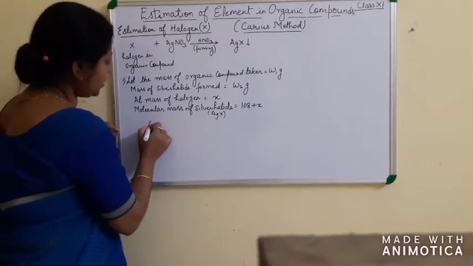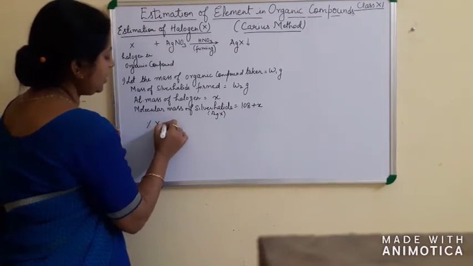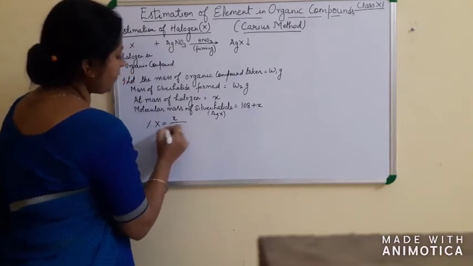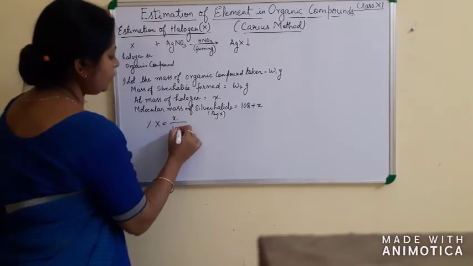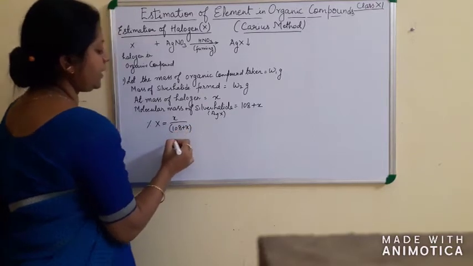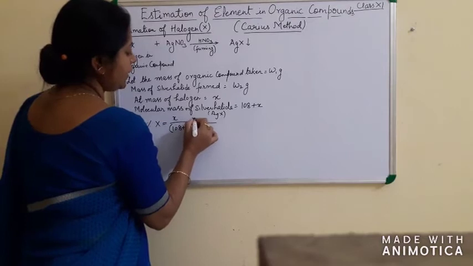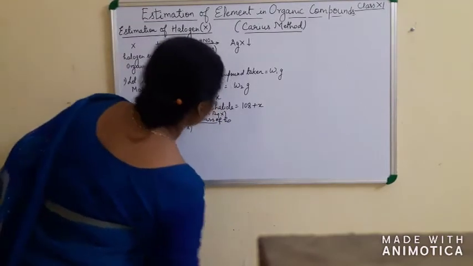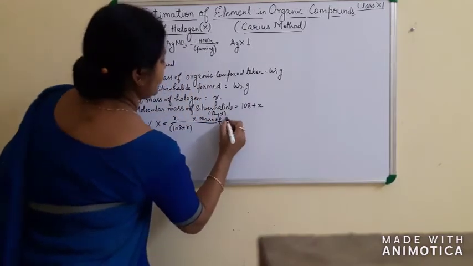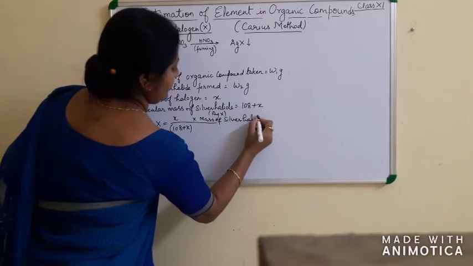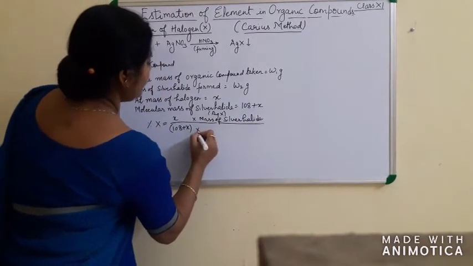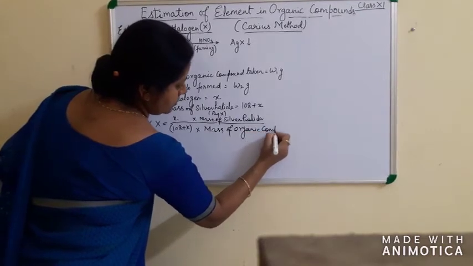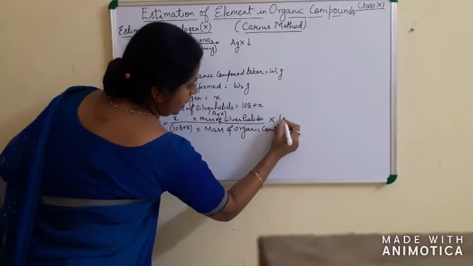So we calculate the percentage of halogen in the organic compound by using the formula: atomic mass of halogen X divided by molecular mass of silver halide 108 plus X, into mass of silver halide formed, divided by mass of organic compound, into 100.